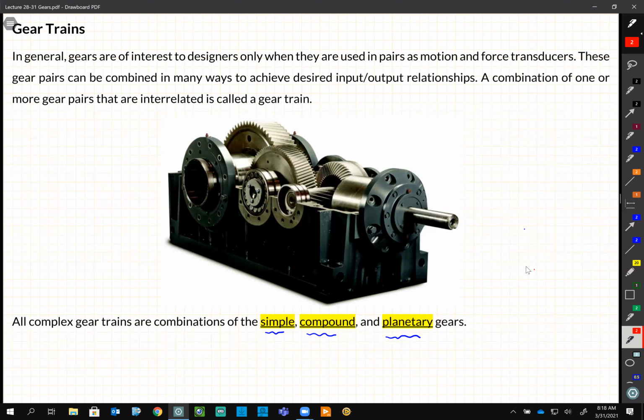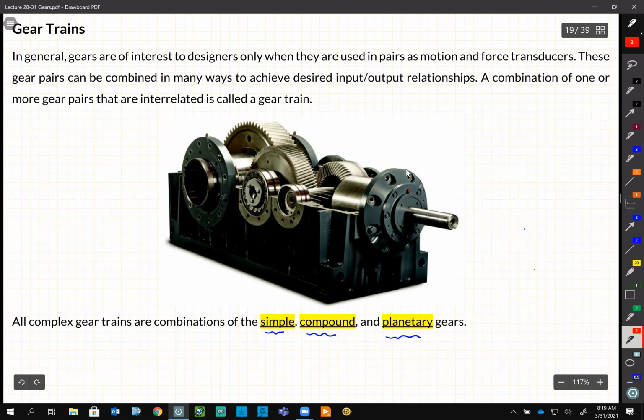Anyway, last day we said we have 3 types of gears working together. Gear trains. What is a gear train? It's when a bunch of gears work together, like in a gearbox.